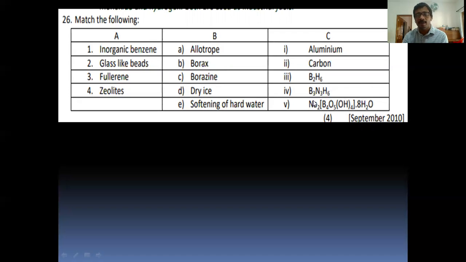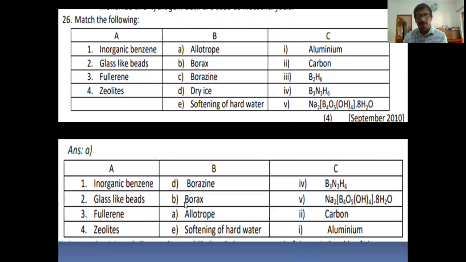Borax and its formula: Na2B4O7.10H2O, or this formula Na2[B4O5(OH)4].8H2O. Fullerene, carbon, an allotrope of carbon. Zeolite, softening of hard water. It is an aluminum compound. You can see it. It is a completed table. You can clarify your doubts.